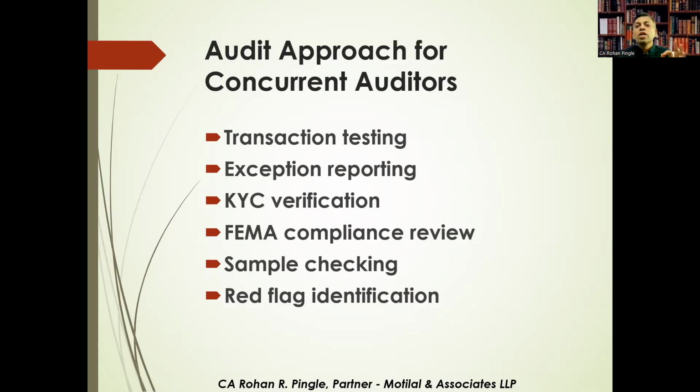Auditors should particularly examine high value outward remittances, dormant NRI account activations, large cash transactions, sudden transaction spikes, and multiple inward remittances. Professional skepticism is extremely important in this area.